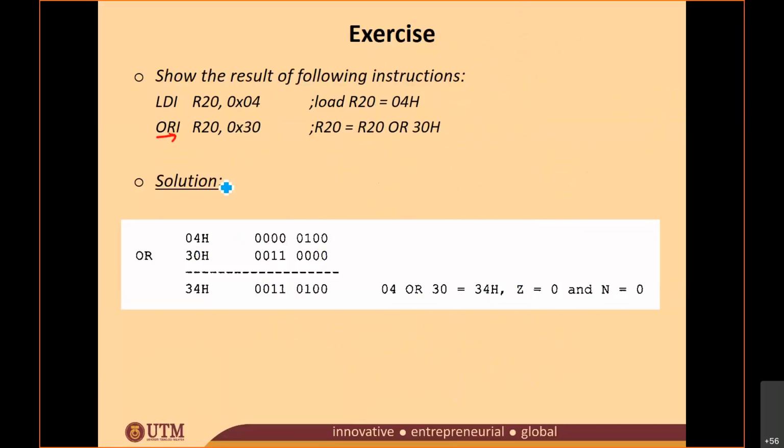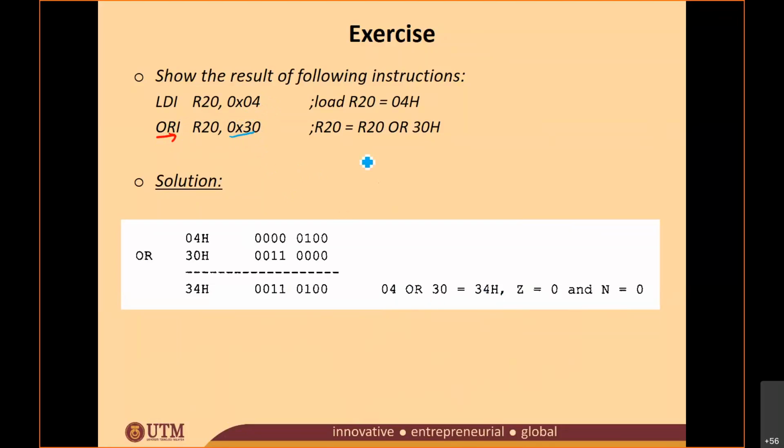Okay, next, we're going to see this one. ORI R20 0X30. So you're going to do the logical OR immediate with this value. If this type of question, you need to convert the value to binary and then do the logical OR.